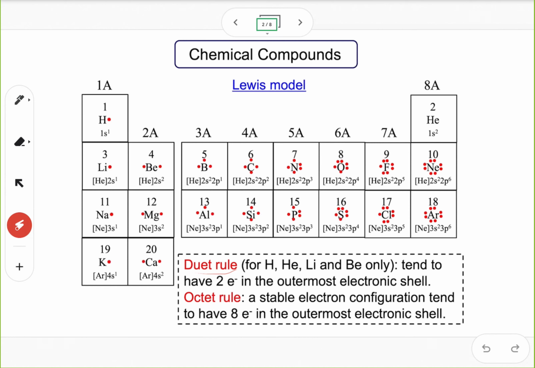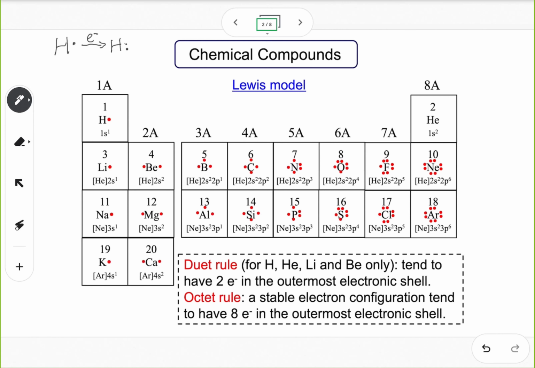For the duet rule, these 4 elements tend to have 2 electrons in the outermost electronic shell. What does that mean? Let me show you. Let's see hydrogen. Hydrogen has 1 valence electron. If you provide 1 more electron, it will have 2 electrons outside.